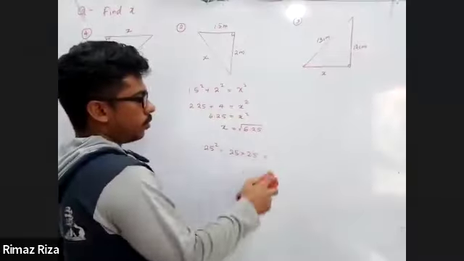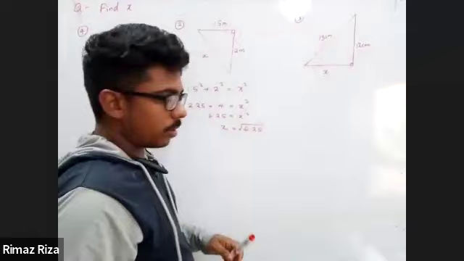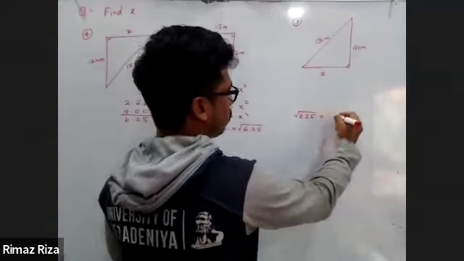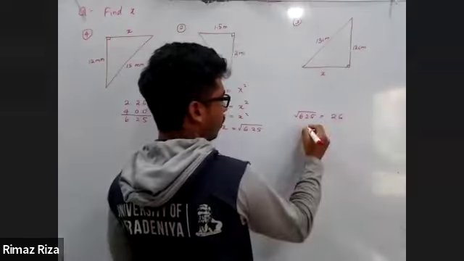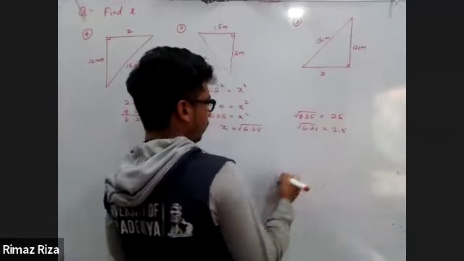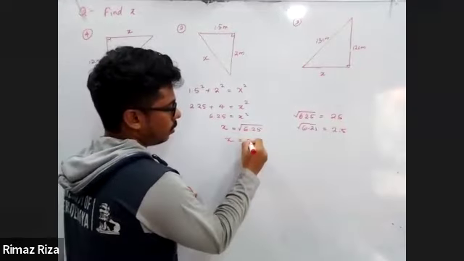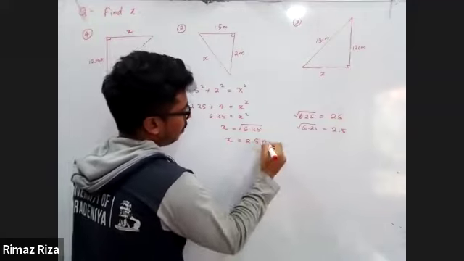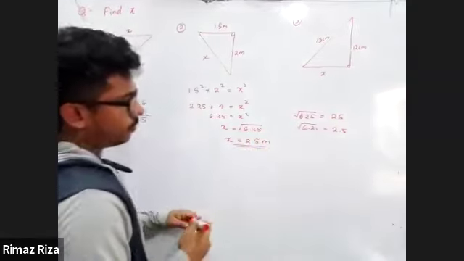Now you have here 6.25. Because 625 square root is 25, therefore 6.25 square root is actually 2.5. So it equals 2.5 meter. It's given in meters, so you write meters.